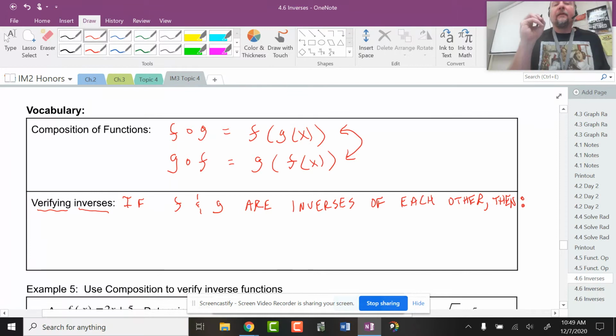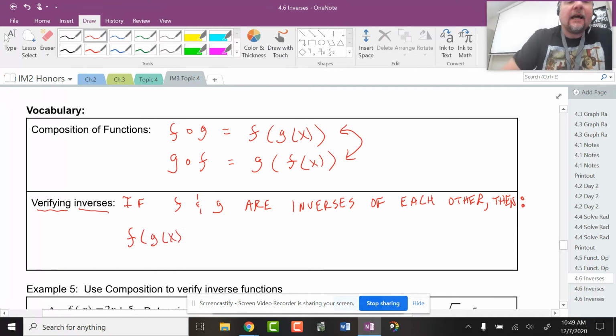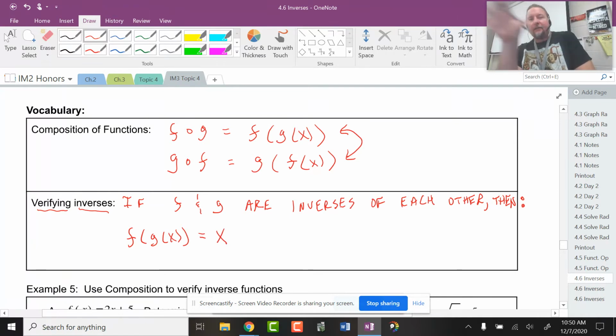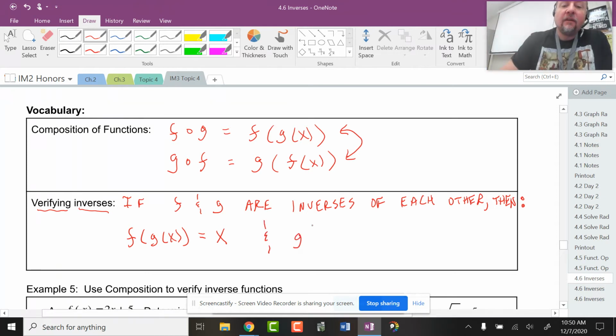Then, okay, it's very unique. It's very strange, but it is true. F of g of x, the composition of those two functions, will equal just the variable x, nothing else. Very strange. And g of f of x, the switching of that composition, will also equal x.